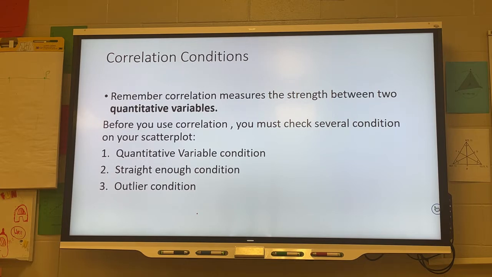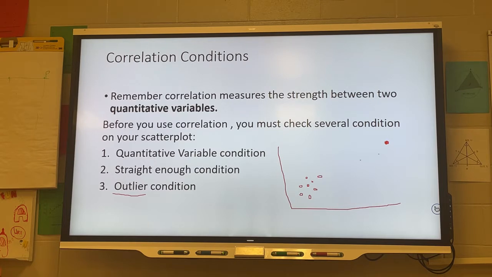So we know that outliers are the data points that are far away from the bulk of your data. And so for your scatter plot, if an outlier is present, you will see that data point way out by itself when compared to the other data points that would be somewhere down here. Outliers can make your R value or your correlation very strong or very weak, depending on where the outlier is.